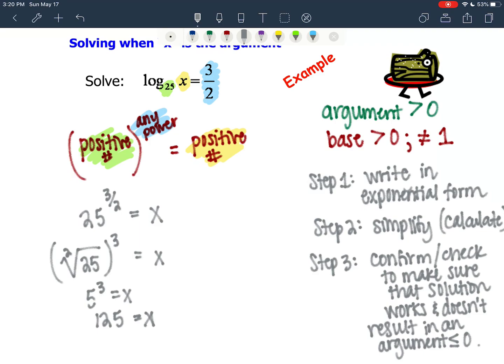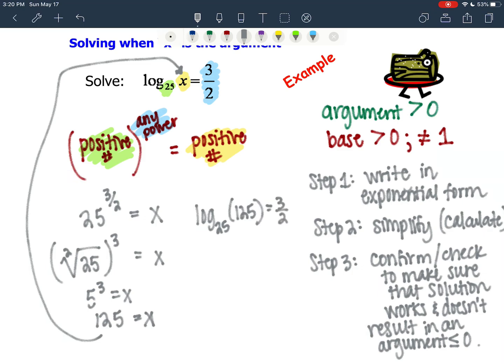We do not want an argument that is less than nor equal to 0. So when I take this 125 and I put it back into my equation, log base 25 of 125, the argument is positive, therefore x equals 125 is our answer.